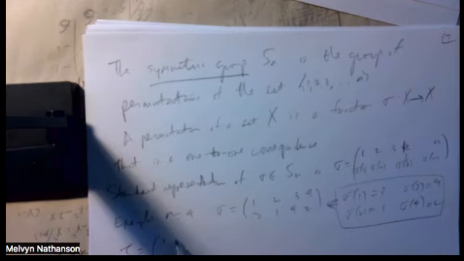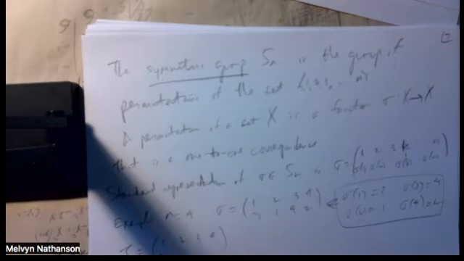If we had another permutation, maybe 1 goes to 2, 2 goes to 3, 3 goes to 1, 4 goes to 4, that's another permutation in S4. And it's very important to understand these are functions.